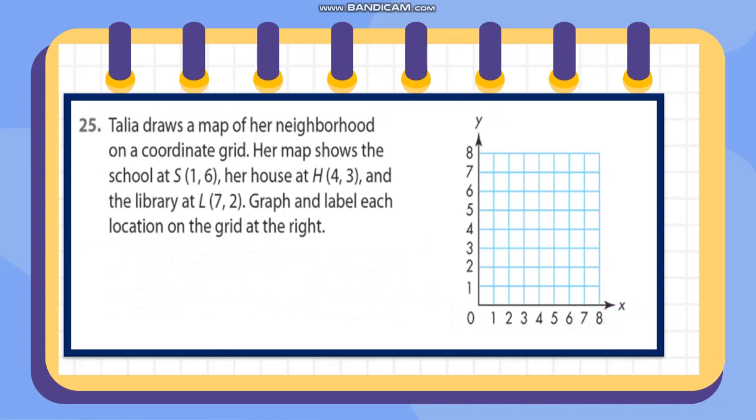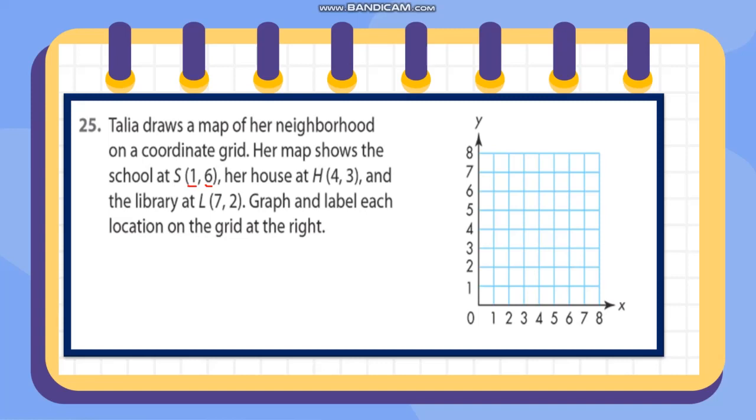Question number 25. Leah draws a map of her neighborhood on a coordinate grid. Her map shows the school at letter S, which is 1 and 6, her house at letter H, which is 4 and 3 as an ordered pair, and the library at L, 7 and 2. So graph and label each location on the grid at the right. So always remember that the first one is your x coordinate and the second one is your y coordinate.